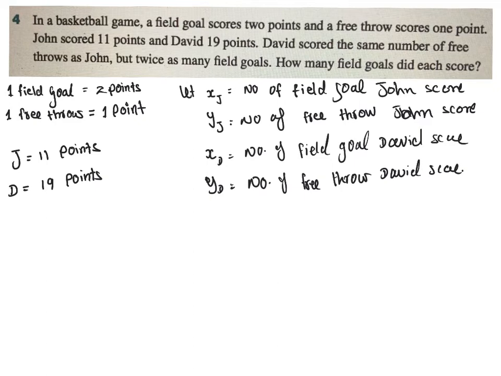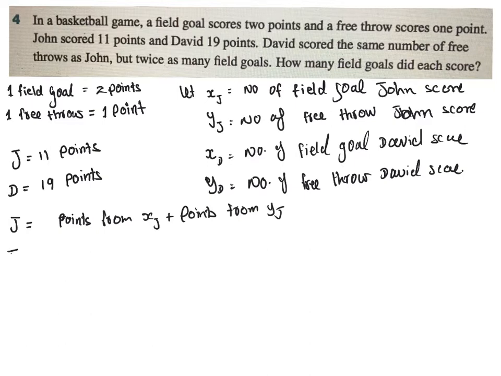And then next, what I'm going to do is the following. We know that the total number of points obtained by John, j, would contain the points that come from scoring a field goal plus the points obtained from scoring the free throw. So that would be the points from xj plus points from yj.